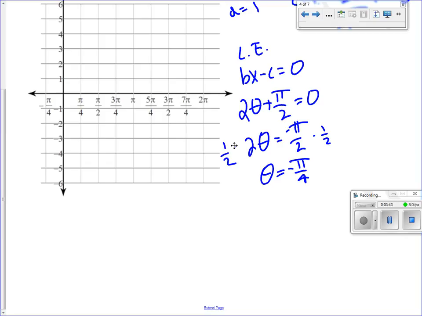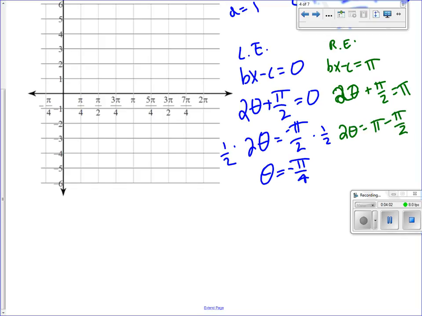Now the right endpoint, still set the argument, instead of equaling it to 2 pi, equaling it to 1 pi, because that's the period of the parent function. So 2 theta, that's a 2, plus 2 pi now equals 1 single pi. So I'm going to subtract pi over 2 from both sides.